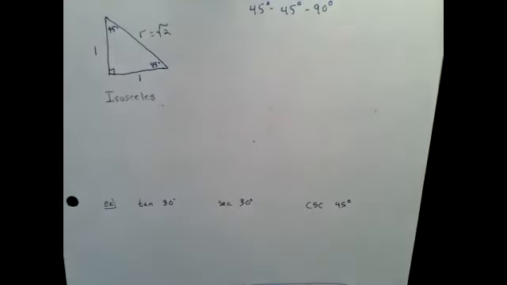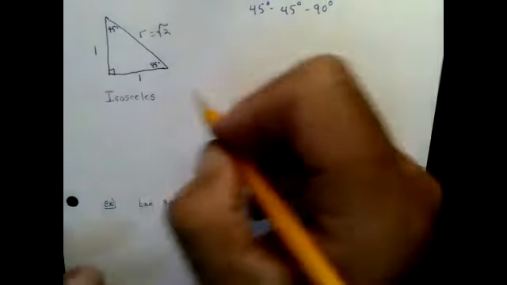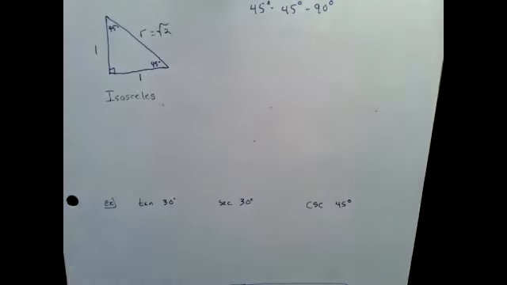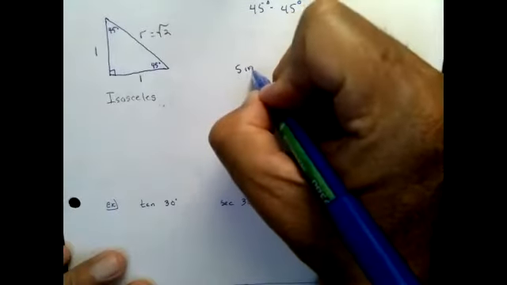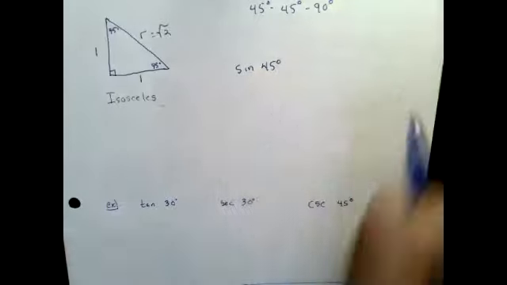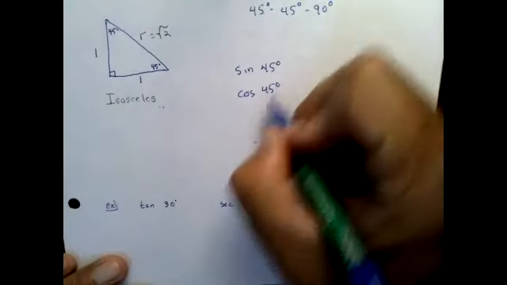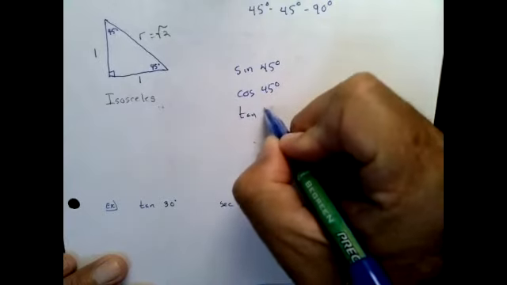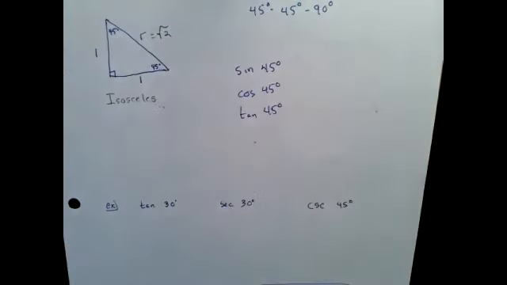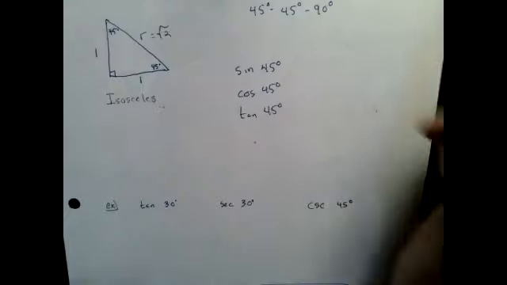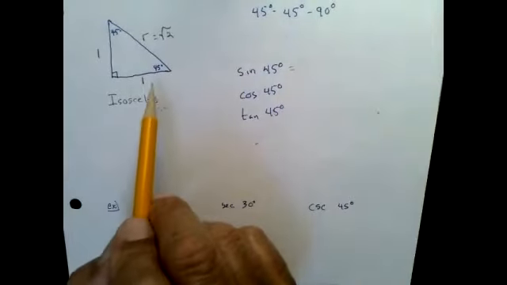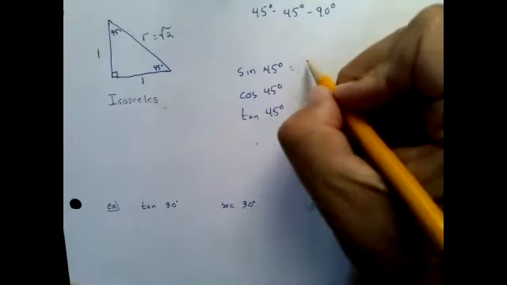And I can start to say, okay, good. What is the sine of 45 degrees? What is the cosine of 45 degrees? What is the tangent of 45 degrees? The sine is going to be 1 over the square root of 2.